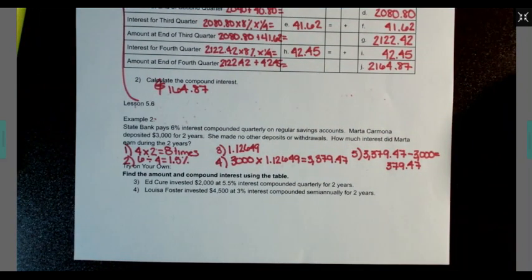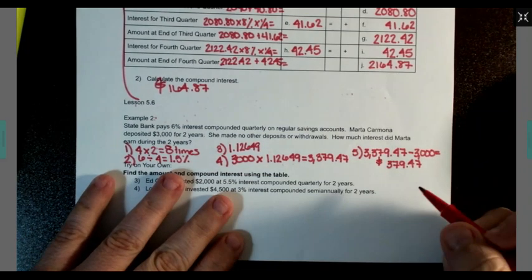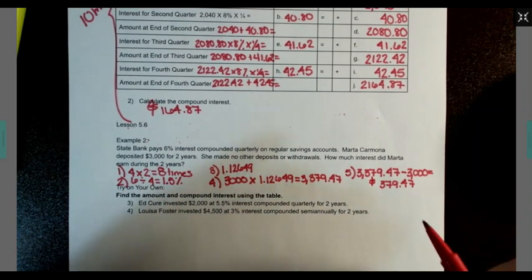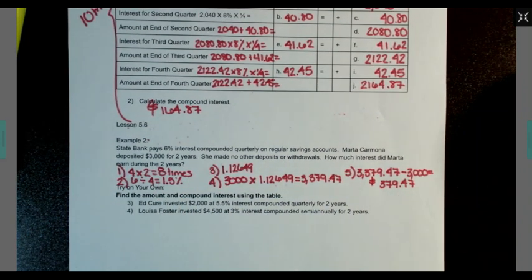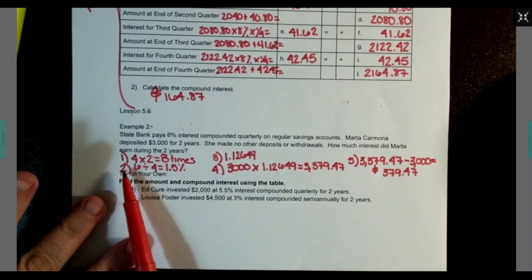How much interest did Marta earn during the 2 years? $379.47.